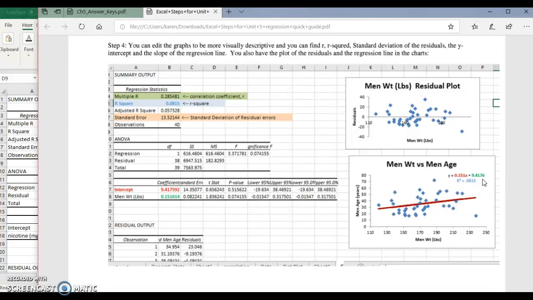I'm sorry, I switched that up. These are actually colored the wrong way. My mistake. I need to fix that. Oh dear. I wish I had noticed that before. Okay, so the intercept, of course, is the intercept right here, and then this second number is the slope.